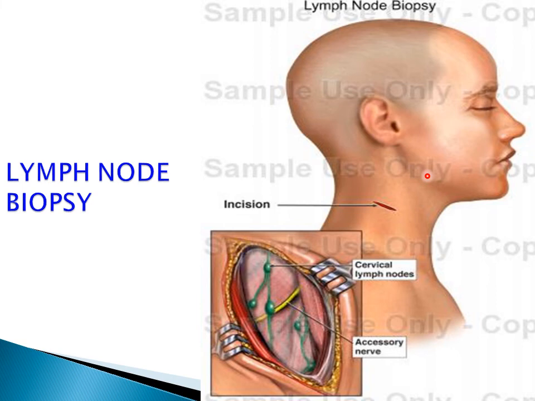It runs along the lower border of the mandible in front of the facial artery and the facial vein. So when this part is dissected or incised to get a biopsy from the submandibular gland or submandibular lymph node, we should be careful not to injure the mandibular branch of the facial nerve.